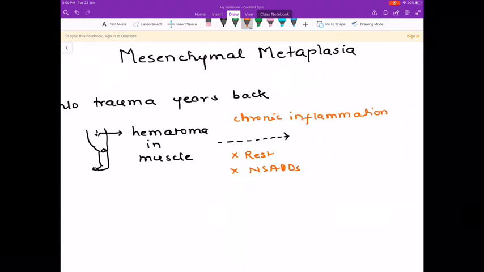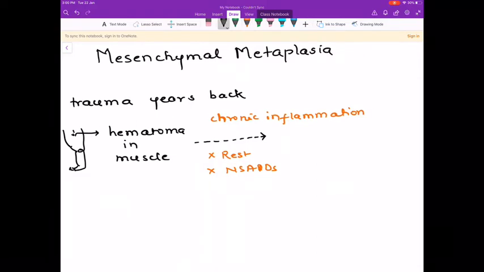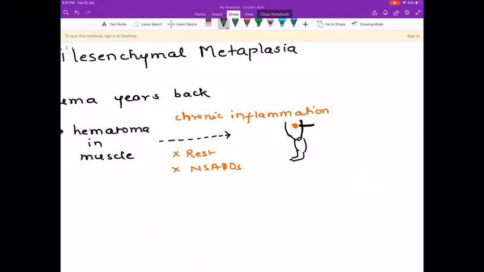And chronic inflammation will convert that tissue in the thigh into bony cells, and that's why in the later period the patient will present to you with a hard nodule which will be painful. A hard, painful nodule at the same site is suspicious of mesenchymal metaplasia.